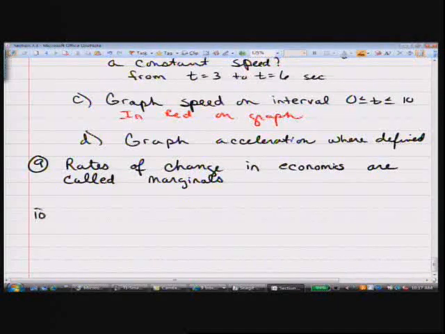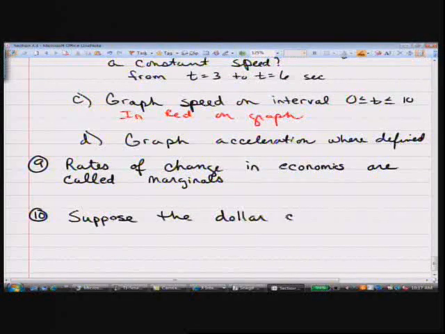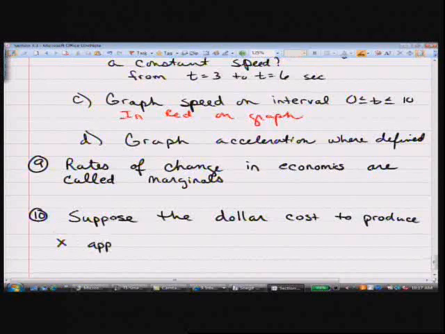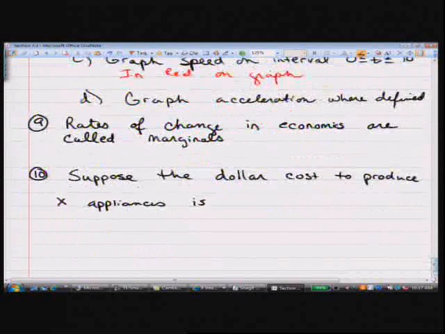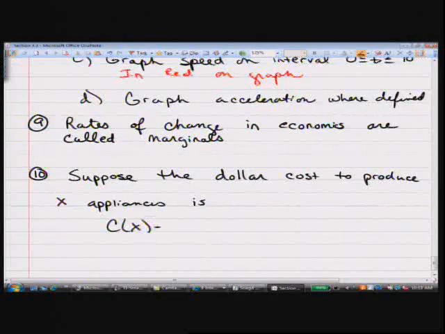So the last question, number 10: suppose that the dollar cost to produce X appliances is C of X equals 1,400 plus 130X minus 0.3X squared.